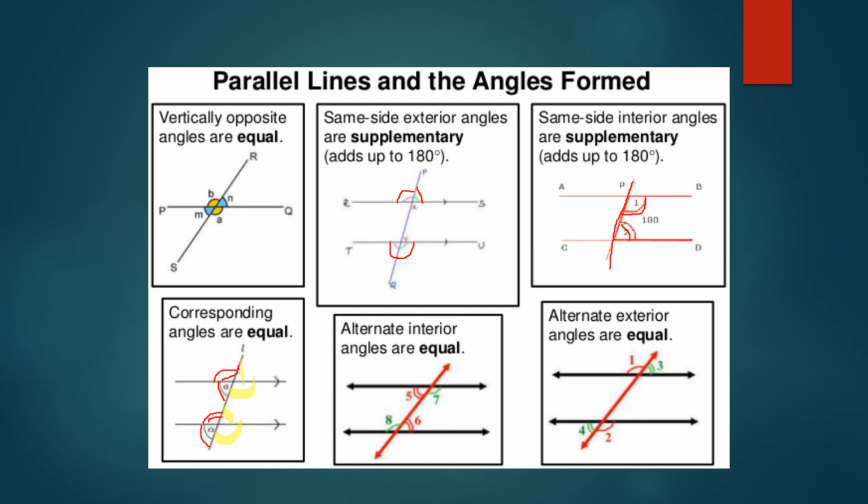And alternate interior angles, as you can see, angle 5 is equal to angle 6. Similarly, angle 7 is equal to angle 8. They are alternate interior angles. And alternate exterior angles are also equal. Angle 1 will be equal to angle 2. Angle 3 will be equal to angle 4.